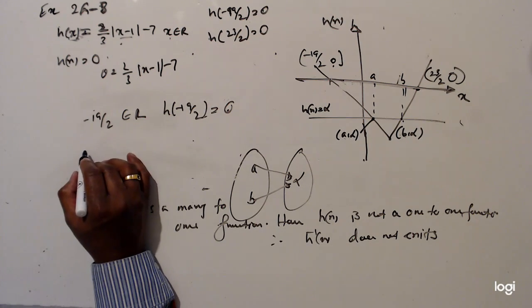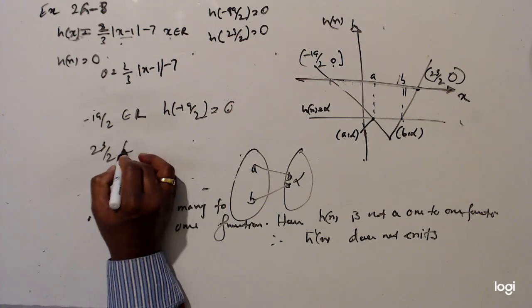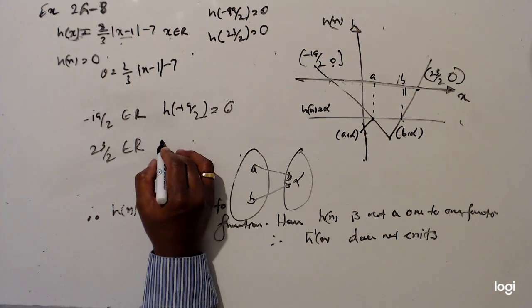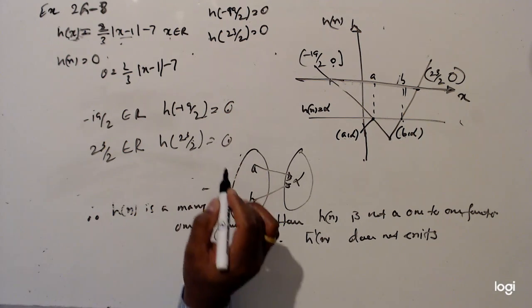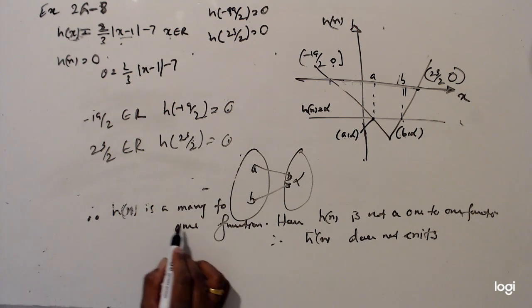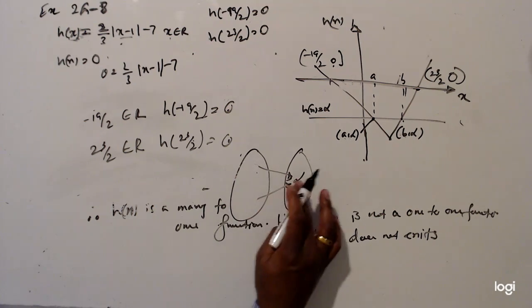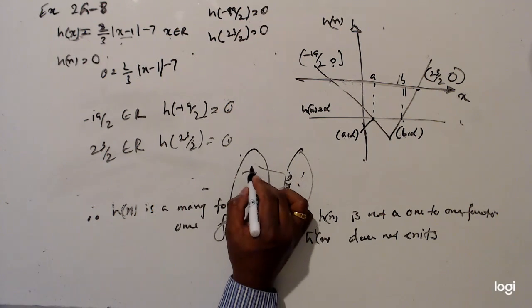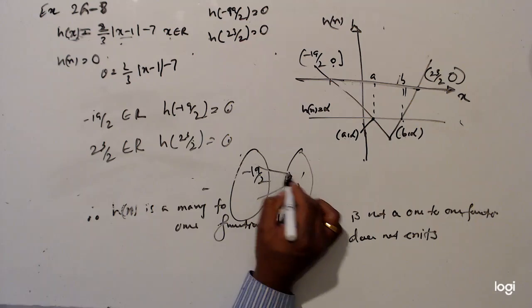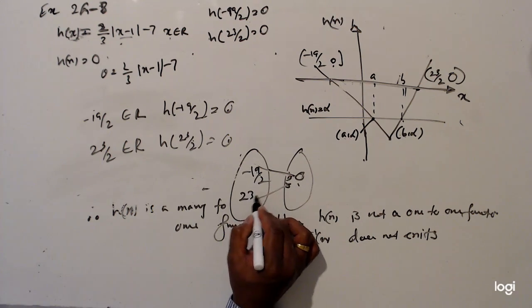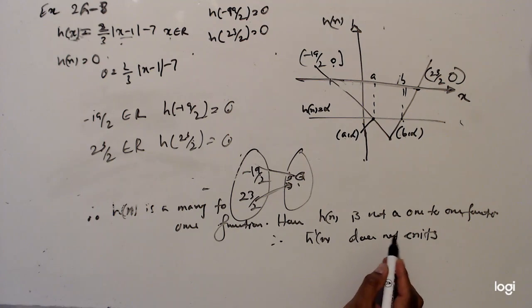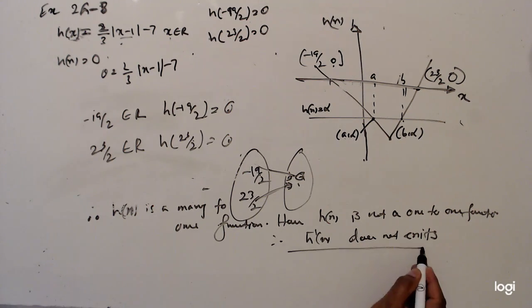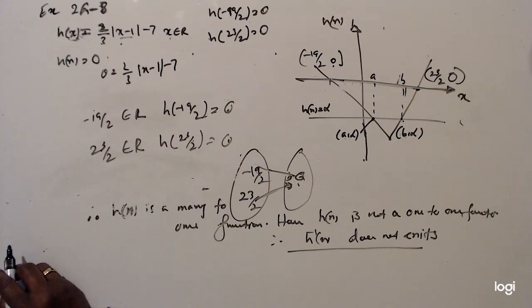Then 23 over 2 is an element of real numbers, and h(23 over 2) is 0. Hence h(x) is a many to one function, because minus 19 over 2 also gives 0, 23 over 2 also gives 0. Hence the function is not one to one, hence h inverse does not exist.